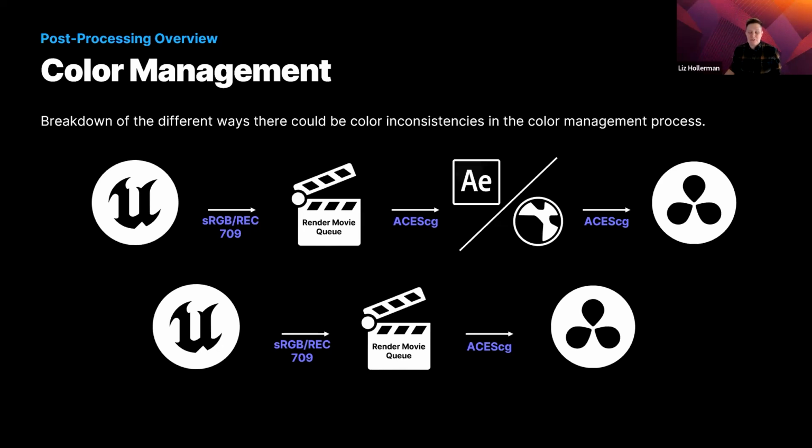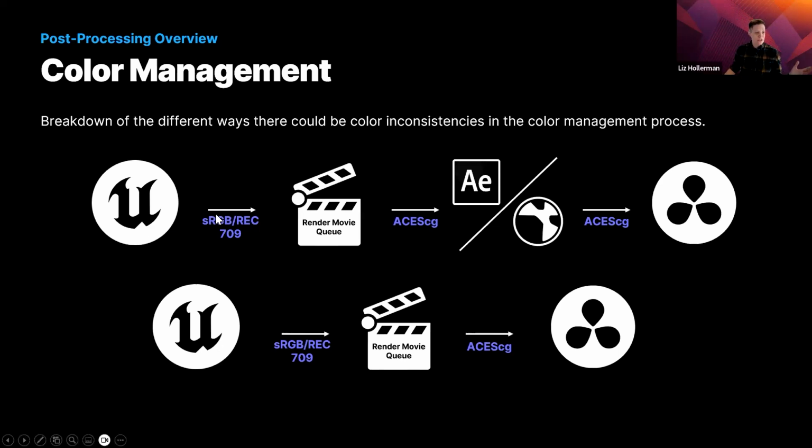There's a lot of room for error to lose some of that color information that we really liked in our scene. You spent a lot of time working on this in Unreal, making it look beautiful. You want to make sure it outputs just as beautiful out of Unreal.